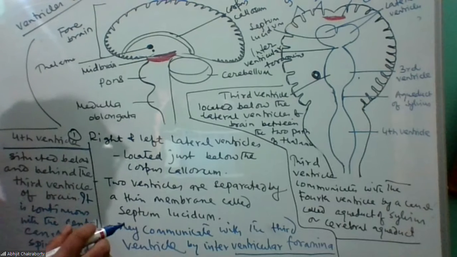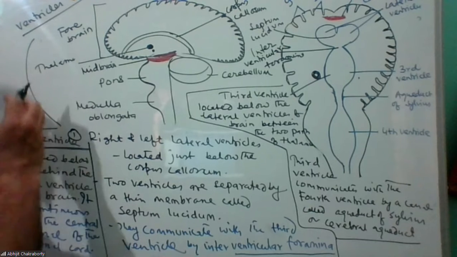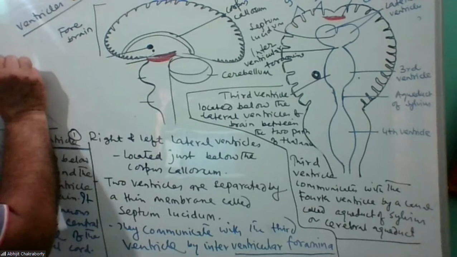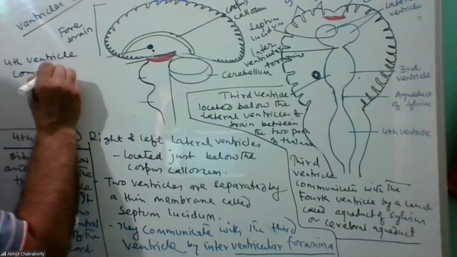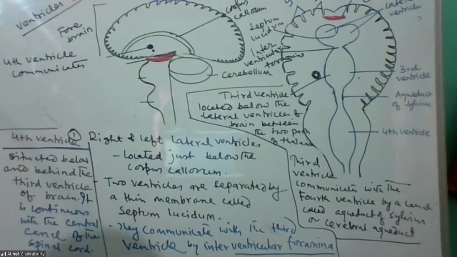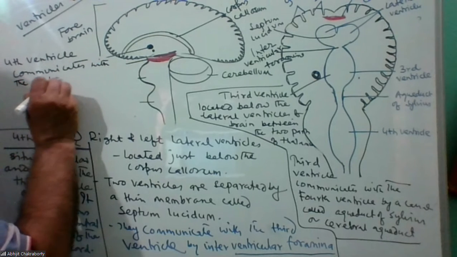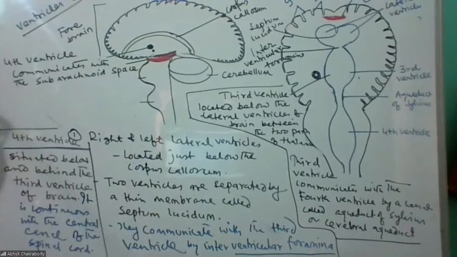Fourth ventricle communicates with the subarachnoid space.